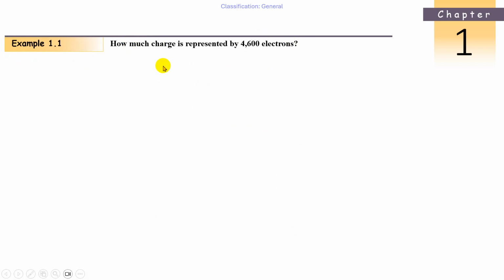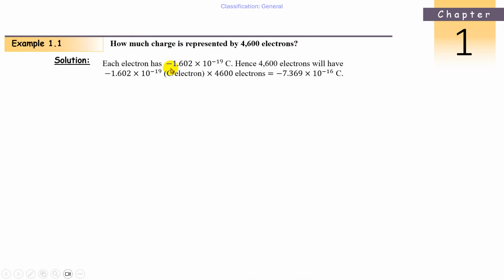Now, an example problem. How much charge is represented by 4,600 electrons? Why does the electron carry charge? 1.6 times 10 to the power minus 19. You just multiply, and you will get the total charge.